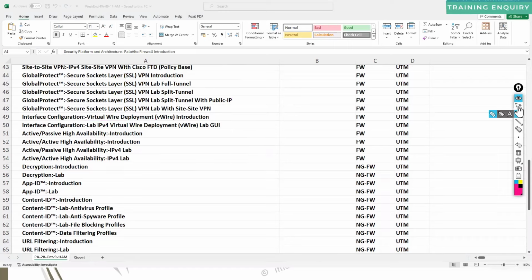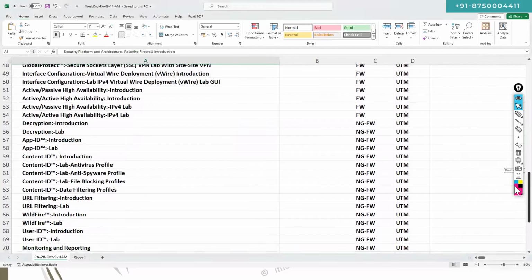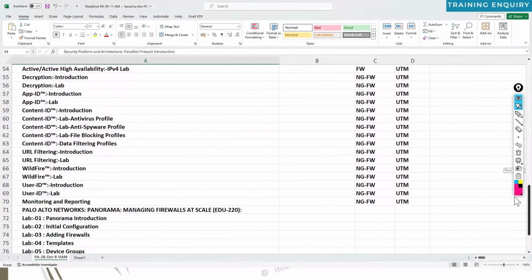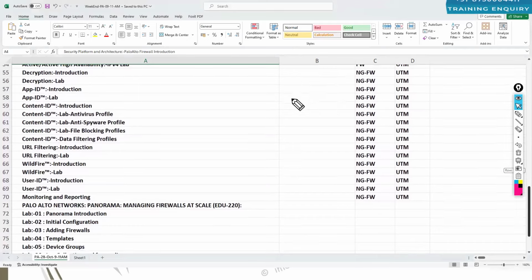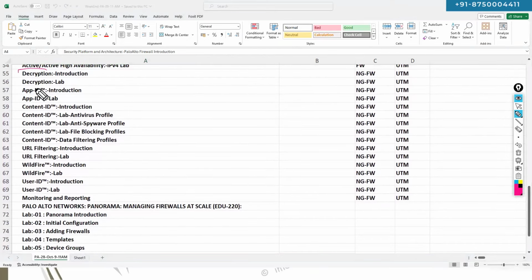But when we say this is a next generation firewall, then we say that it has the capability of decryption, application control, and content control, and supports URL filtering, sandbox inspection, user ID or user identification, along with monitoring and reporting.